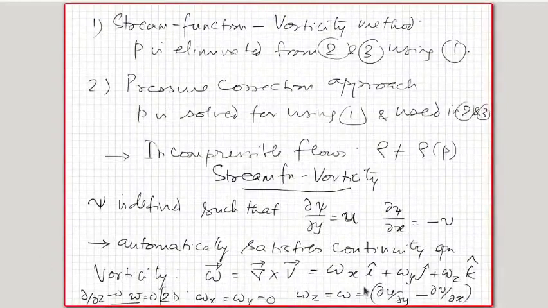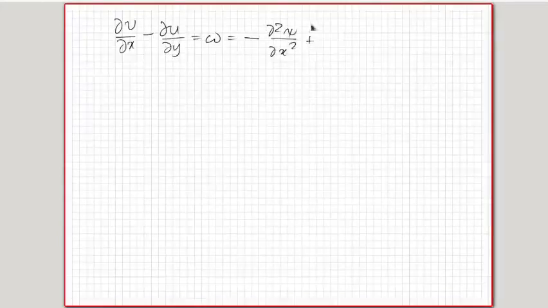Actually it will come the other way around. It will be del v by del x minus del u by del y. So you will get a negative sign of the omega. So what I'll get is del v by del x minus del u by del y equal to omega, and that is equal to minus del squared psi by del x square plus del squared psi by del y square.